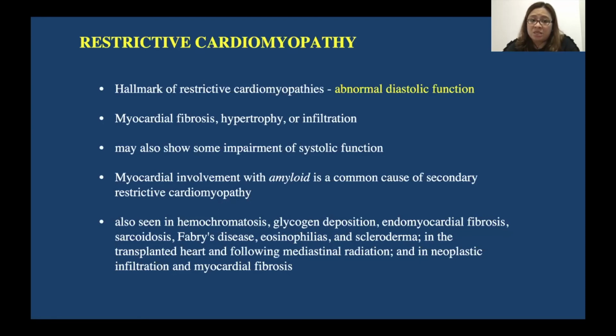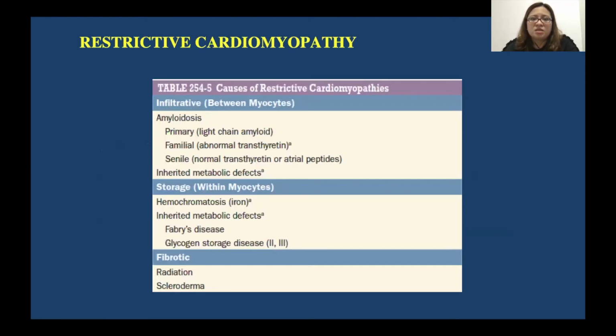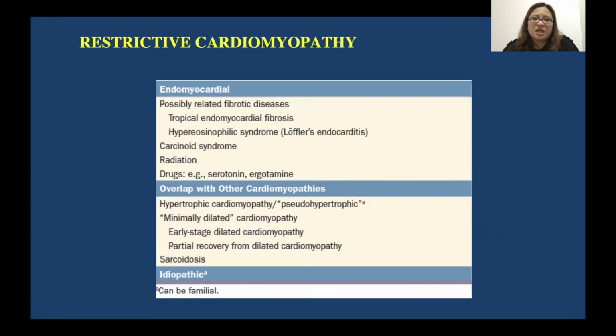It is also seen in transplant rejection or patients who underwent mediastinal irradiation and for those with neoplastic infiltration and myocardial fibrosis. So this is a table of the different causes of restrictive cardiomyopathies classified into infiltrative, storage, fibrotic, endomyocardial, those with overlap with other types of cardiomyopathies, and idiopathic.